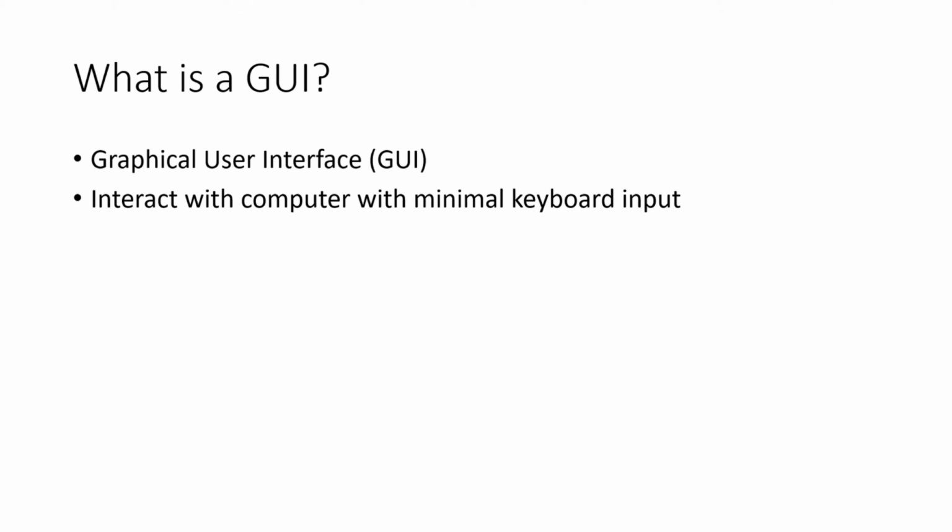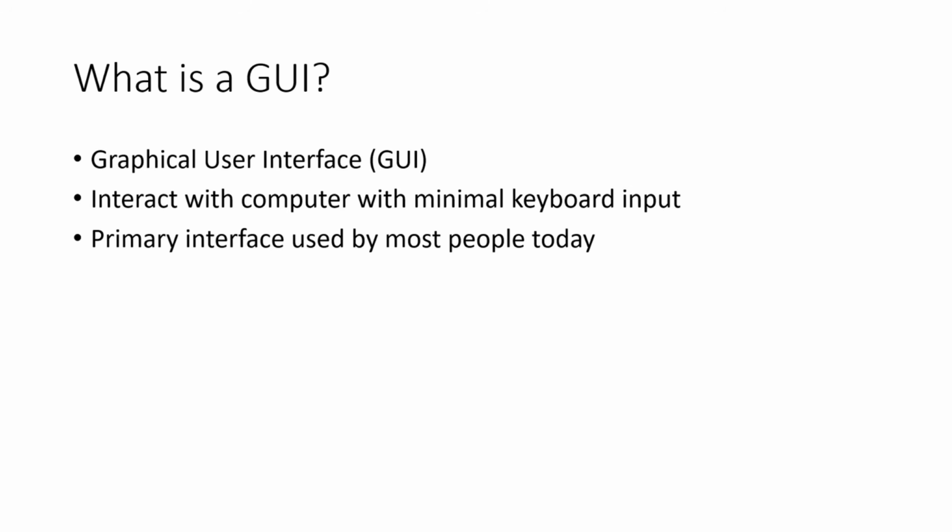Now, it's hard to never type anything to a computer. That's one of the primary ways. But if you have a really good GUI, you can reduce it down to very, very little. And that's what most really successful programs nowadays do, right? And so I've already mentioned this, GUIs are really the primary interface used by pretty much most people today.